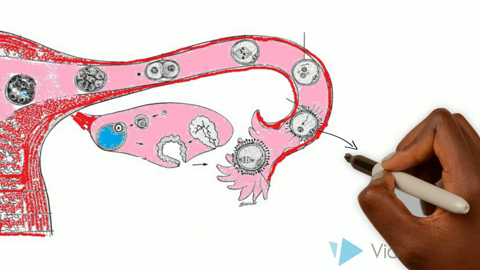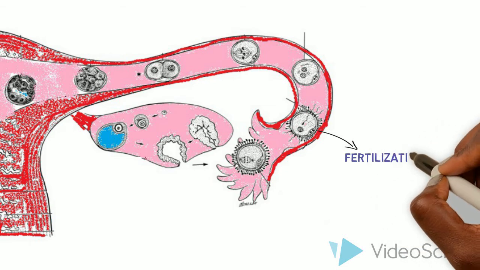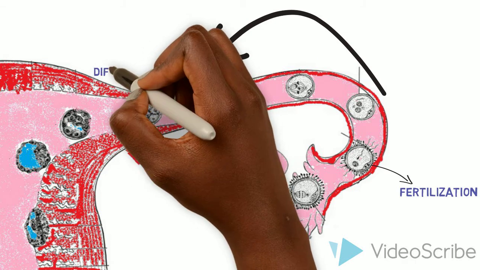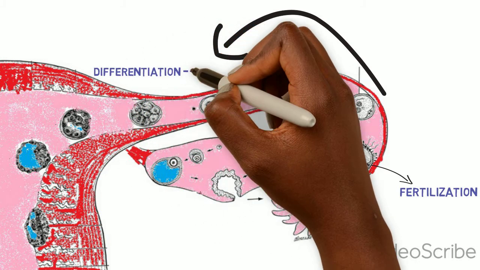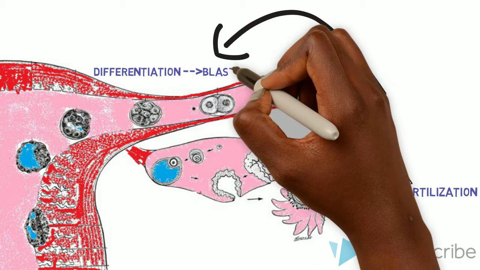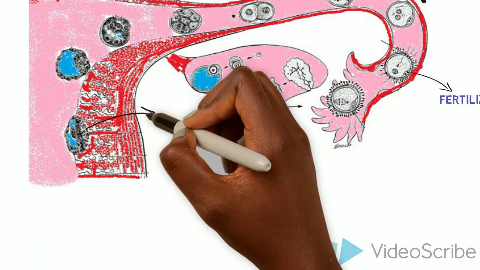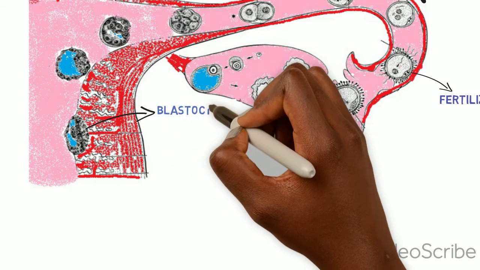Around here we have fertilization, and right after that the first cell division occurs. Over the next couple of days to weeks, we get further proliferation and eventual differentiation into a blastocyst. This blastocyst eventually reaches the uterus, where it will interact and implant itself on the uterine lining.